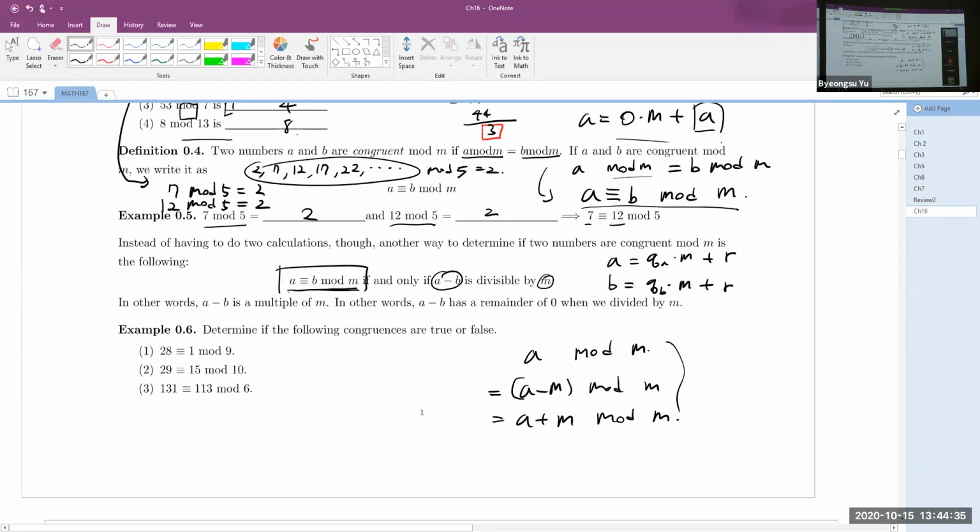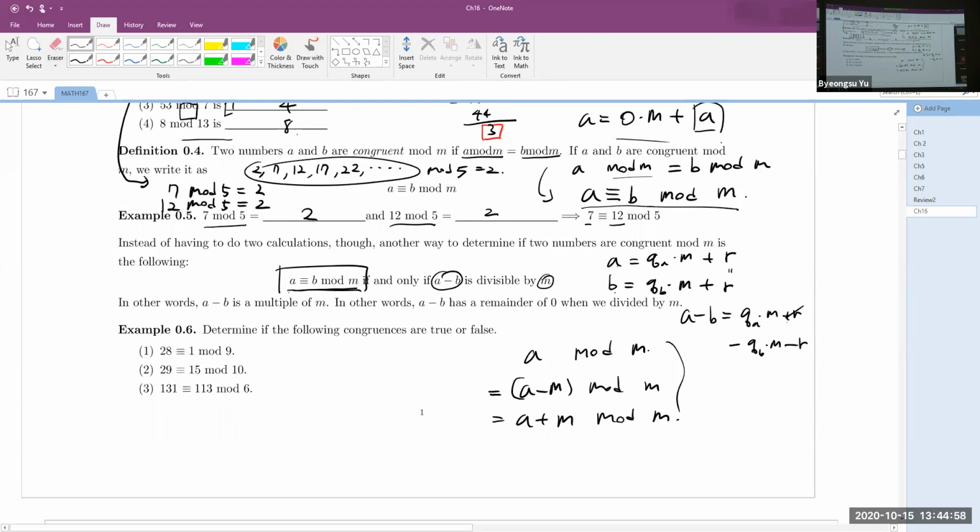That's why A and B are congruent mod M, because they have the same remainder, right? So if you take A minus B, what you get is QA times M plus R minus QB times M minus R.